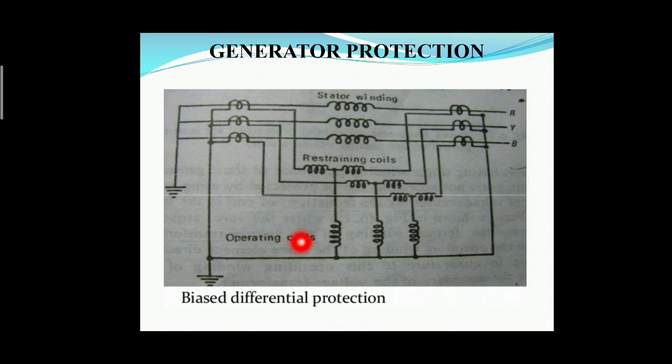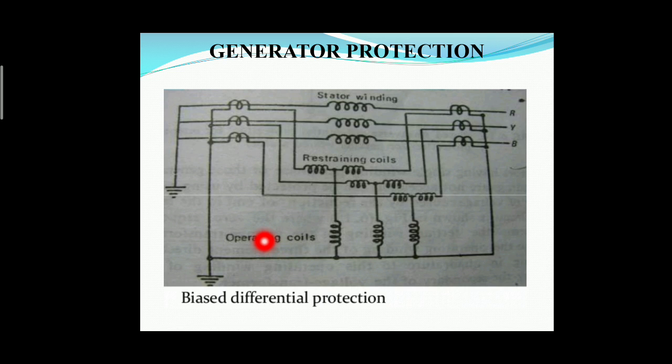This is the biased differential protection, or percentage differential protection. In this protection, we are using two coils: one is the restraining coil and the other is the operating coil.